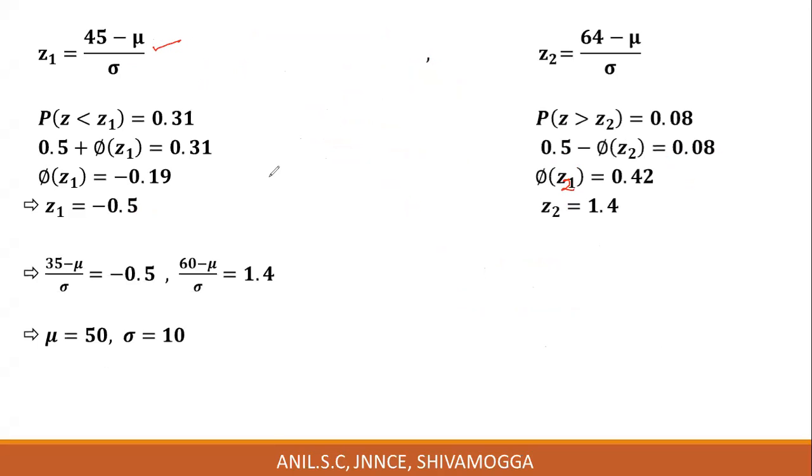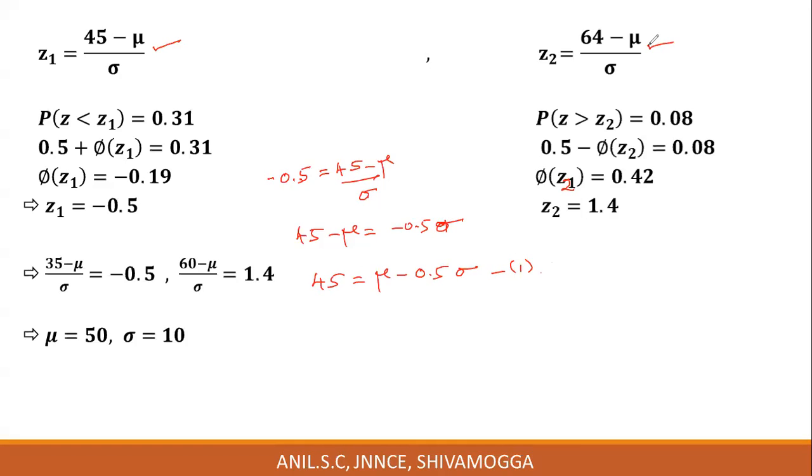Z1 is minus 0.5, so minus 0.5 is equal to (45 minus mu) divided by sigma. Therefore, 45 minus mu is equal to minus 0.5 sigma. Therefore, 45 is equal to mu minus 0.5 sigma. Let this be equation number 1.